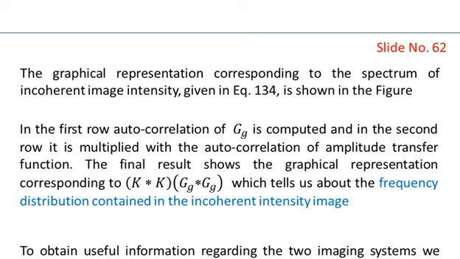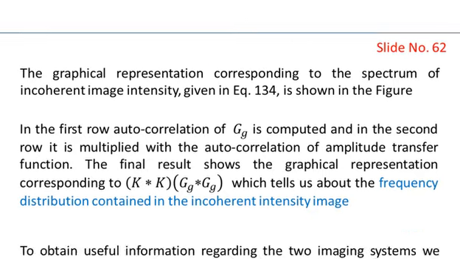Now in the first row, the autocorrelation of G is computed, and in the second row it is multiplied with the autocorrelation of the amplitude transfer function. The final result shows the graphical representation corresponding to the autocorrelation of K multiplied by the autocorrelation of G, which tells us about the frequency distribution contained in the incoherent intensity image.